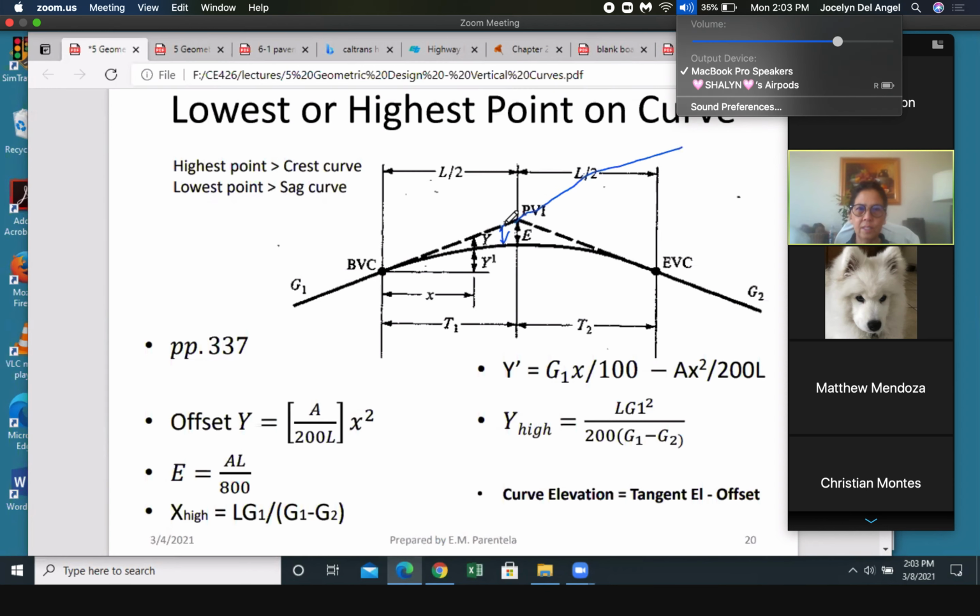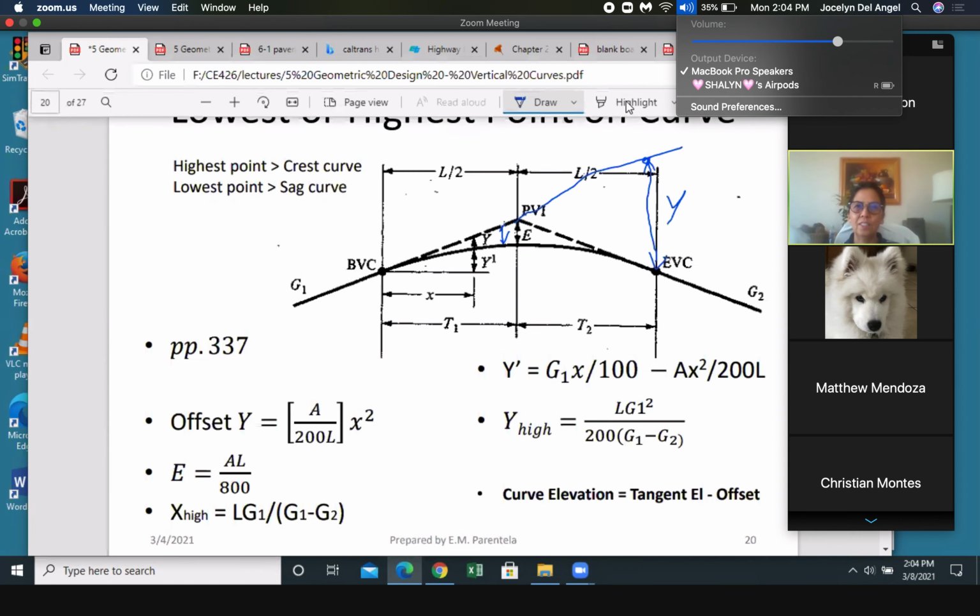But in vertical curves, what we do is we just refer the elevations from the first grade, so G1. So everything would be somewhere here. First, you needed to know the elevation of this point, and then you needed to look for the offset, and that's your offset right there, to determine the elevation of the point on curve.